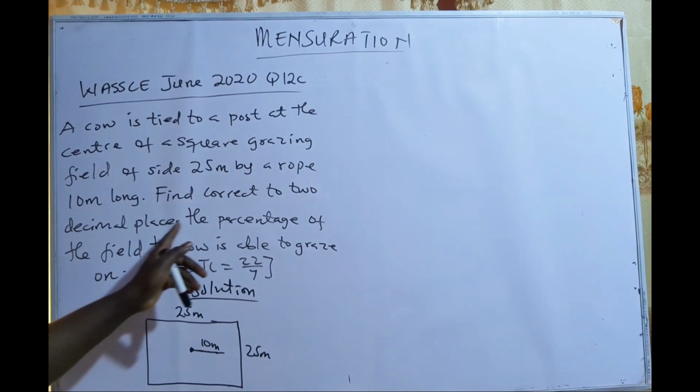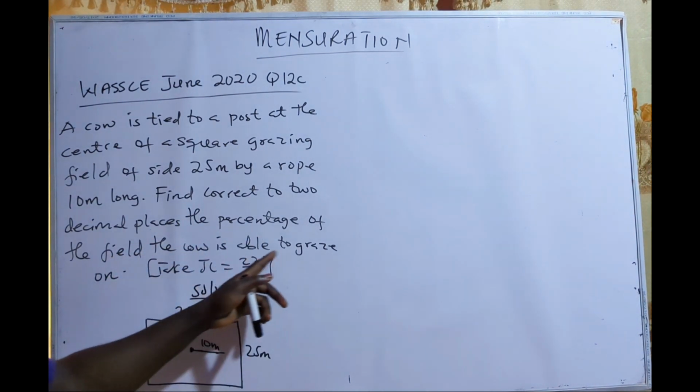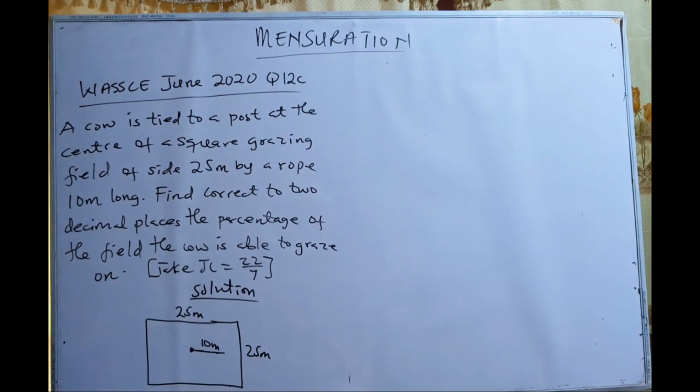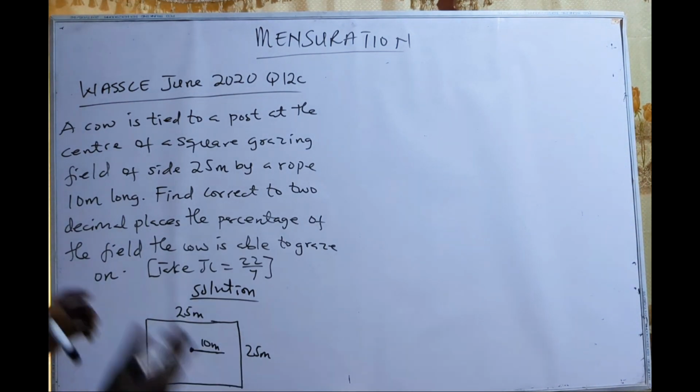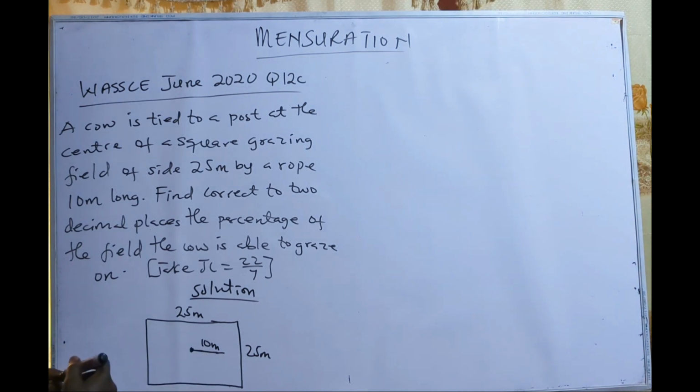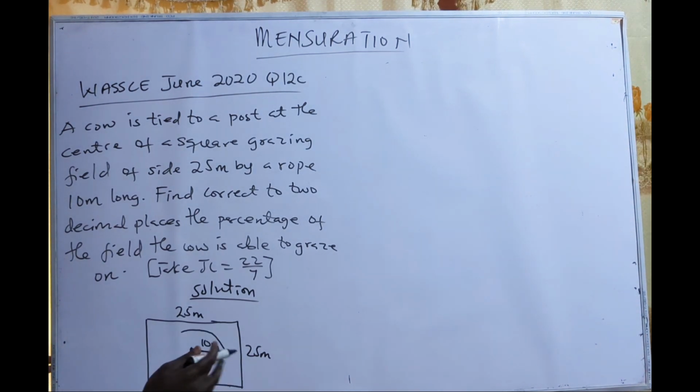Then we find the percentage of the field the cow is able to graze on. So this is the whole field. You are going to look at where the cow is able to graze, able to feed on. If this is the rope, then the cow cannot go any place beyond the rope.